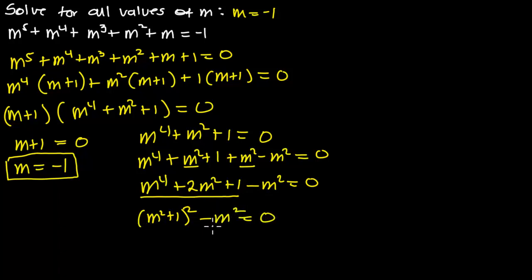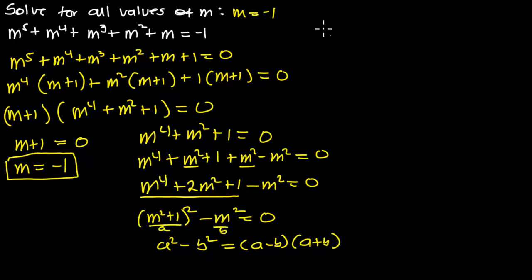Now over here, this is the same as a squared minus b squared. In this case, we have a difference of two squares, which we can express as a minus b multiplying a plus b. In this case, this term becomes our a, and this becomes our b.